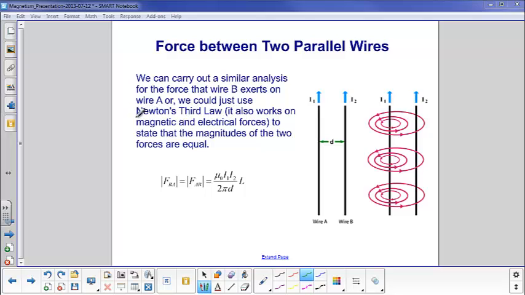Newton's third law doesn't just work for mechanics, it also works for electricity and magnetism. So whatever force wire A exerted on B, wire B must exert on wire A. So I'm just going to take that shortcut for now, and the force that each wire exerts on the other is mu0 I1 I2 times L over 2 pi d.